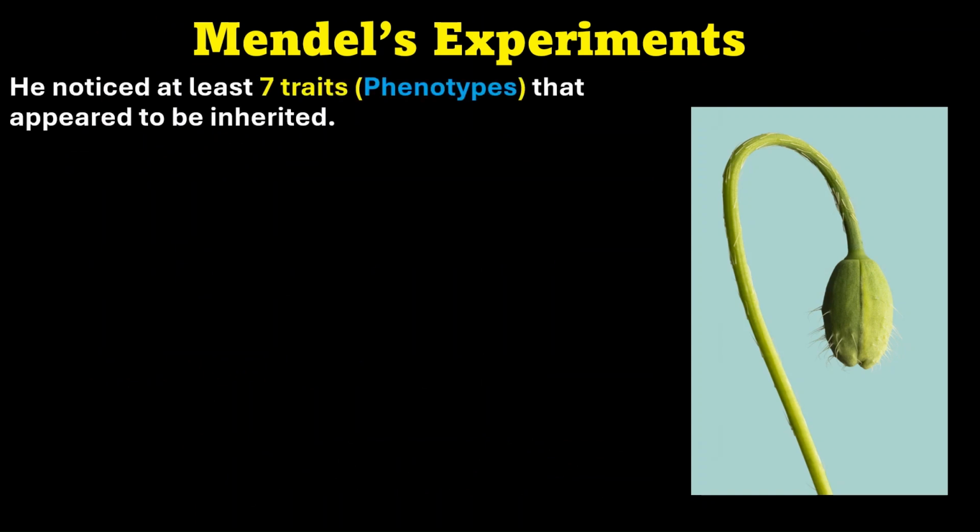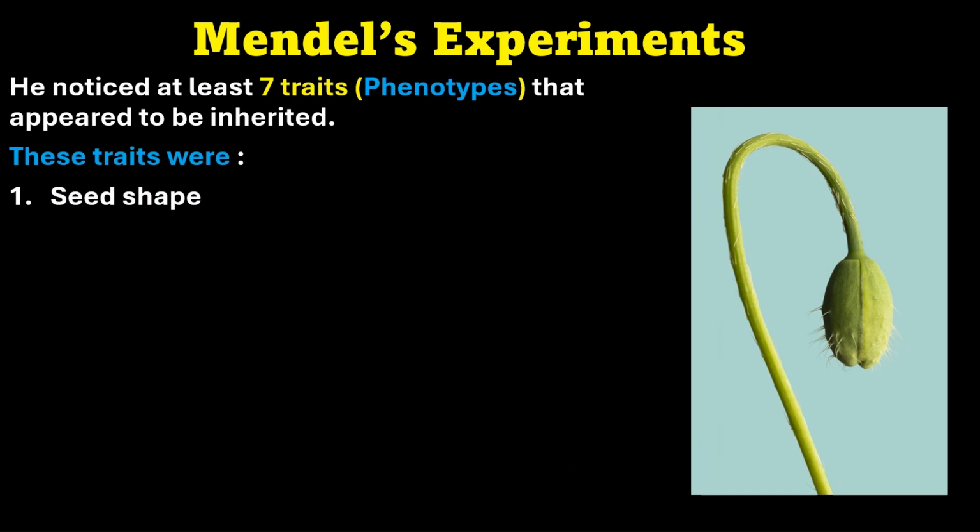So we look at Mendel's experiment with his garden pea plants. He noticed at least seven traits or phenotypes that appeared to be inherited. So these were the traits he observed.